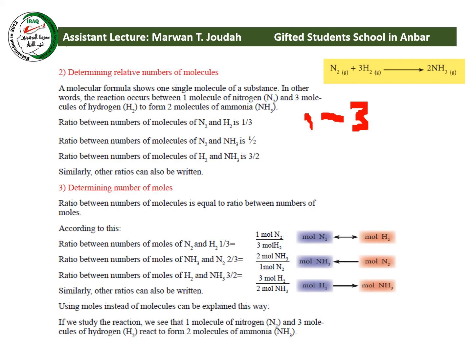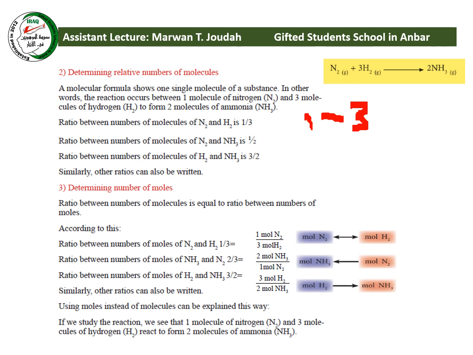Between the nitrogen and ammonia, if you go to the previous slides, you see we made 2 moles of ammonia and we reacted 1 mole of nitrogen. So it's like 1 to 2, which means that from half a mole of nitrogen we get 1 mole of ammonia.